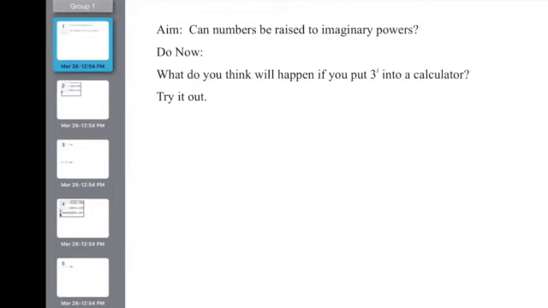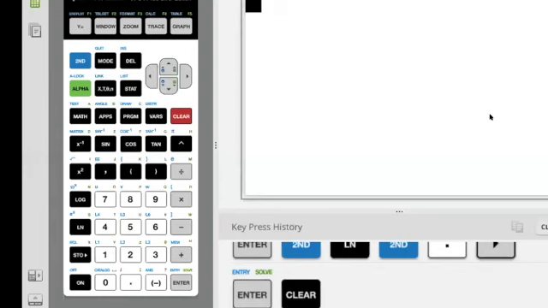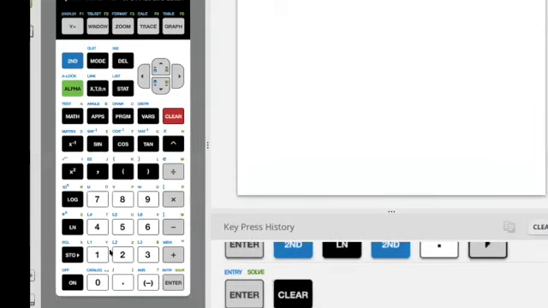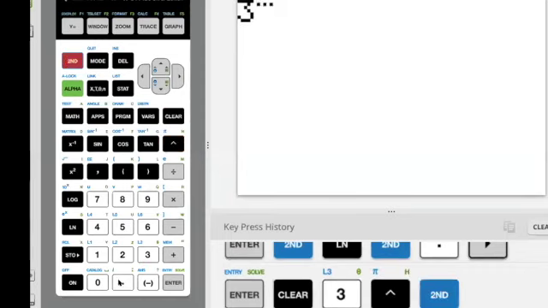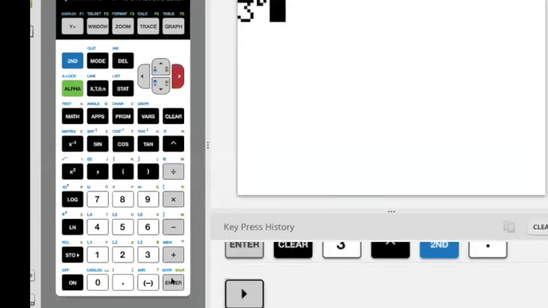Let me bring up the calculator. Okay, so I have this calculator up, and when I do 3 to the second, and then the decimal, will mine say error?